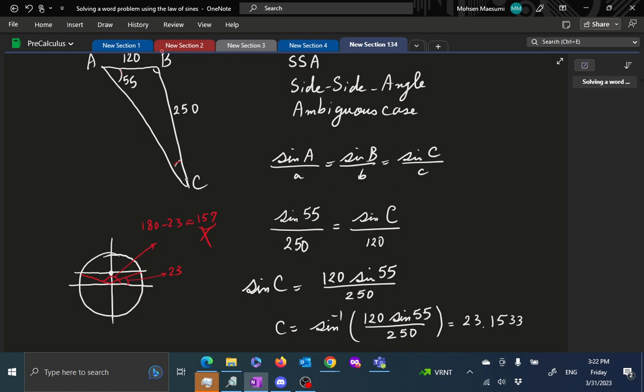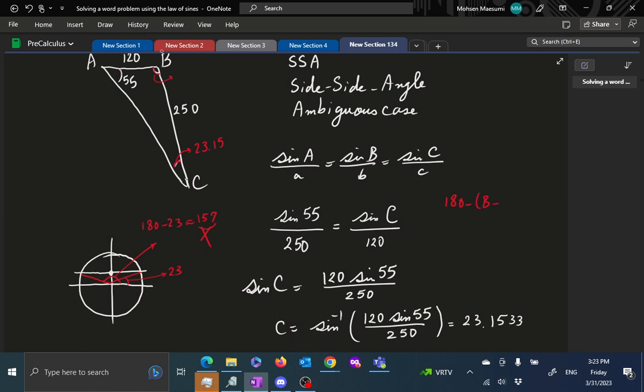One is it just doesn't look like the right answer on the picture, and the other one is that the sum of the angles of a triangle would not be 180. Your angle B is going to turn out to be negative, and that does not make sense in our triangle. So all told, I'm going to write it 23.15 here, and once you have that, then finding B is going to be easy.